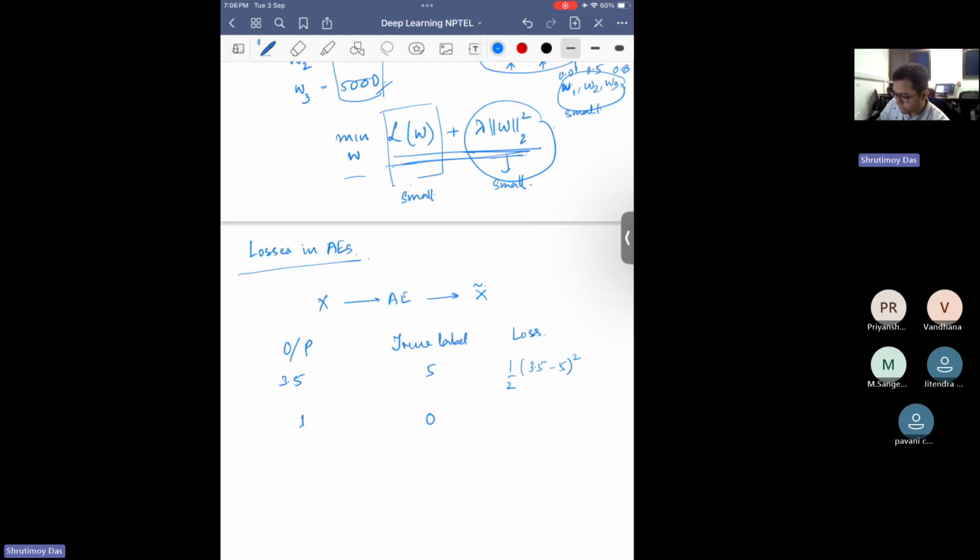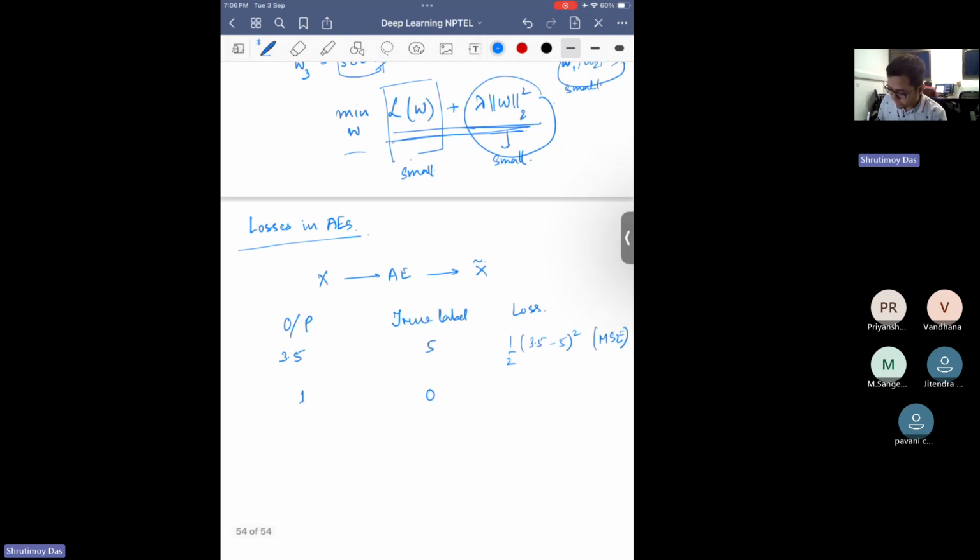Will I use MSE, or will I use cross entropy? Yes, we'll use cross entropy, because we are saying that the score of this should be 1 and the score of this should be 0.